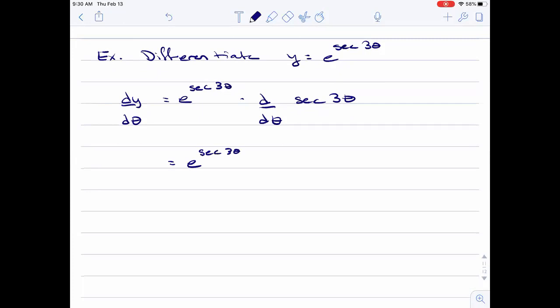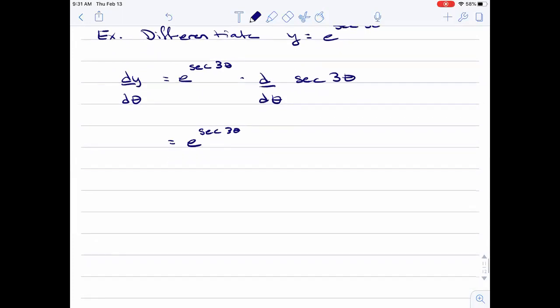The derivative of secant x is secant x times tan x. But then I've got the 3 theta on the inside still, right? And so I've got another chain rule here, times secant 3 theta tan 3 theta, d theta of 3 theta.